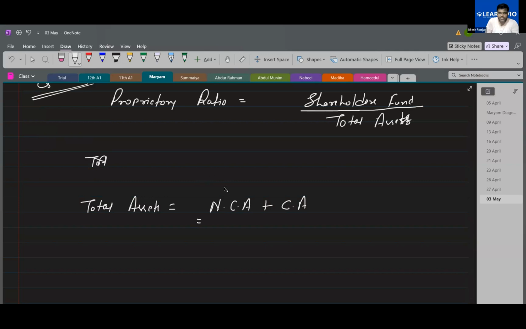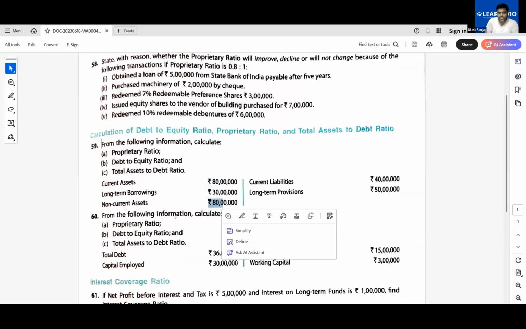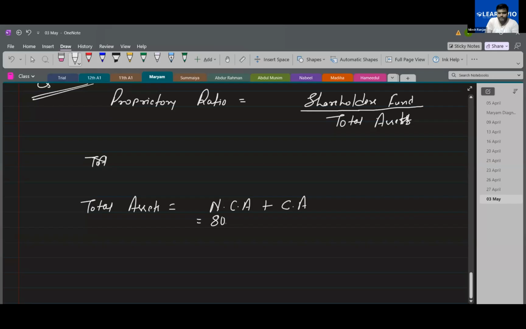It is current assets 80 lakh and non-current 80 lakh. 80 lakh plus 80 lakh is 1 crore 60 lakh. Then there is shareholders fund.